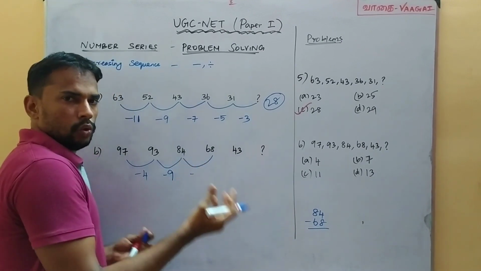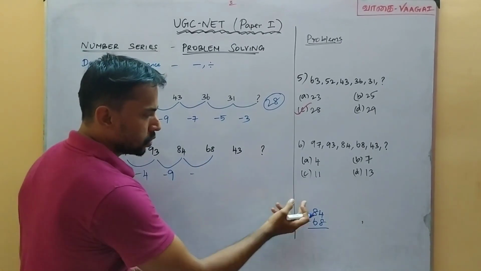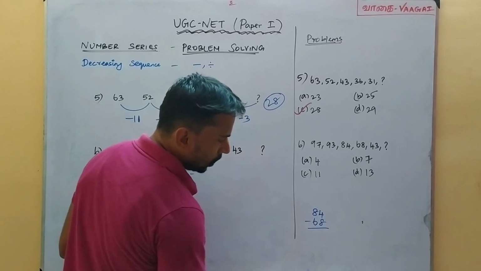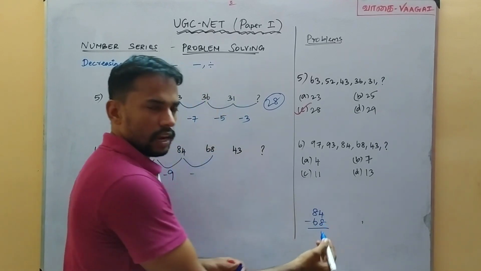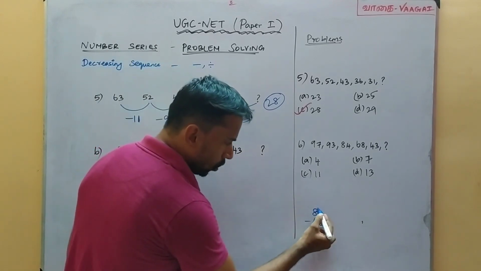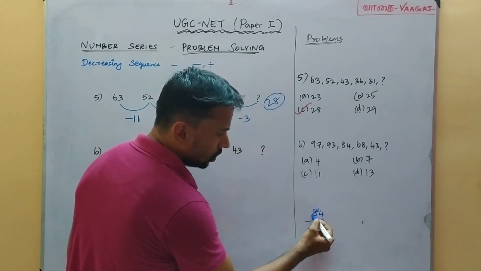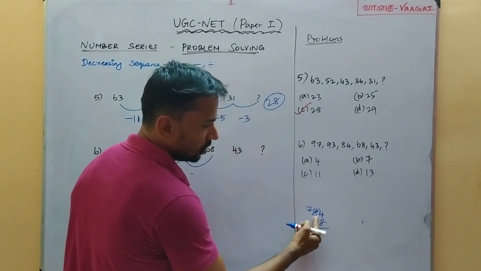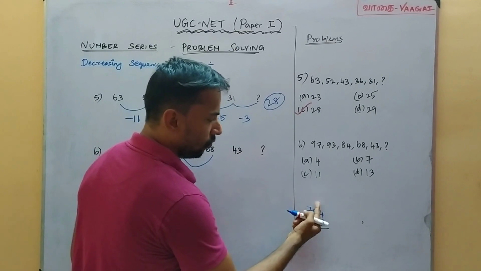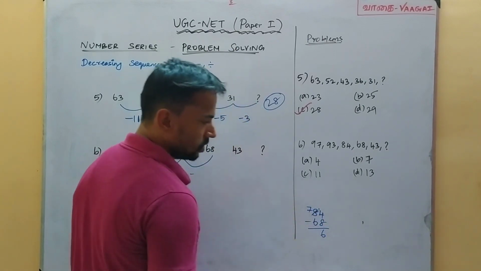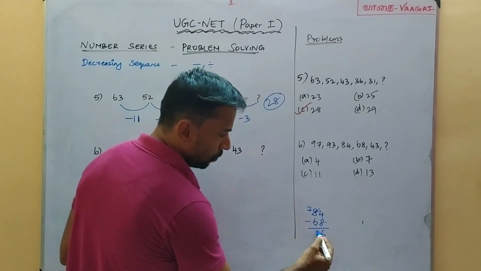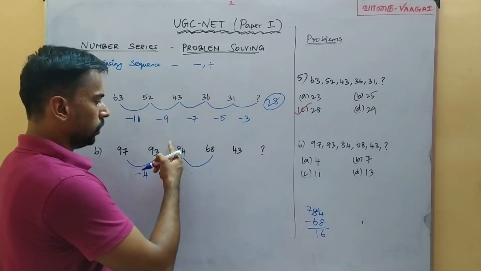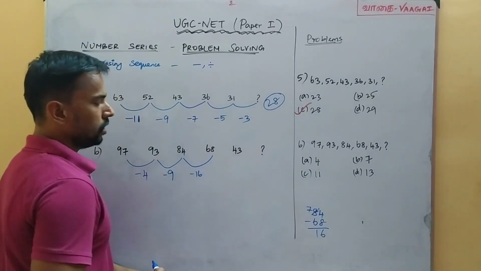So 84 minus 68: this is 4 and this is 8. We will not be able to subtract, so make this 14 and this 8 will turn into 7. Now 14 minus 8 will give us 6. And 7 minus 6 will be 1, right? So that means here they have done minus 16. Yeah, continue.